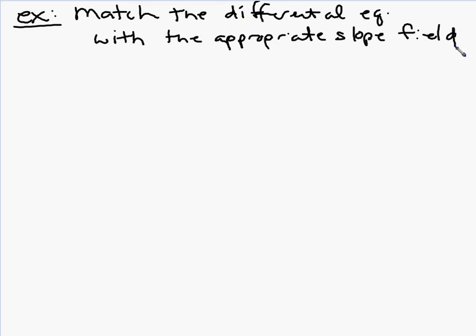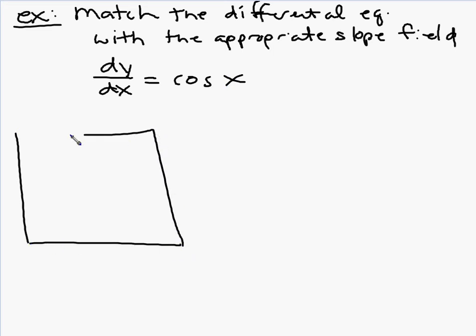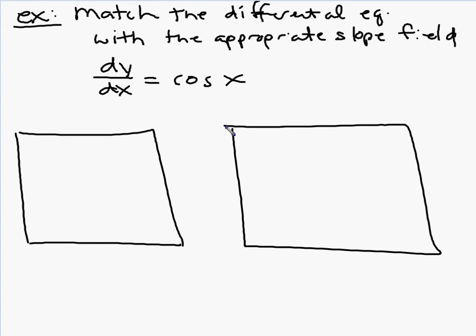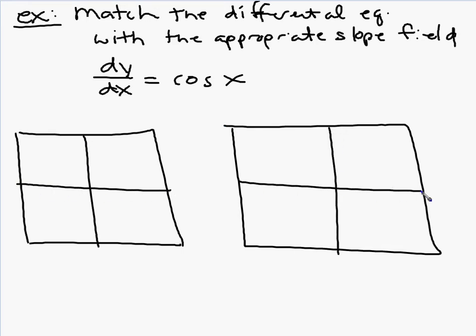You have to have an understanding of what the antiderivative is. Let's say that the differential equation is this one, dy dx equals cosine x. And I'm just going to sketch two little possible slope fields down here. In your book, they're going to show up as like graphing calculator windows. I'm going to sketch two possible slope fields here, and you tell me which one makes more sense. So here's the first one.